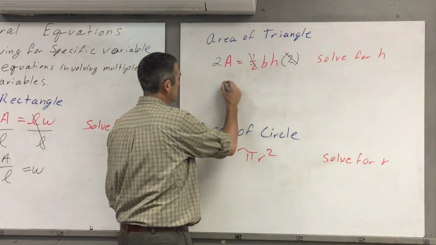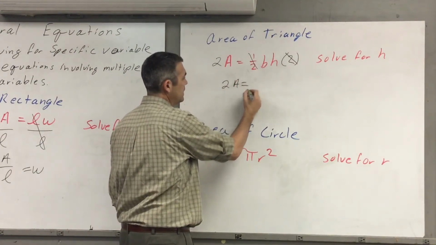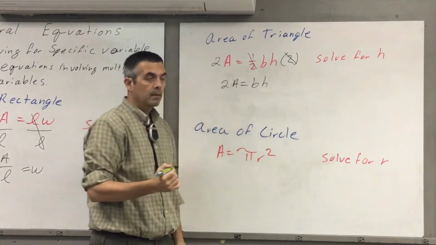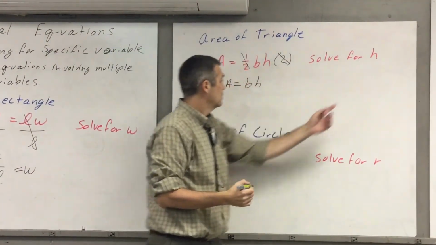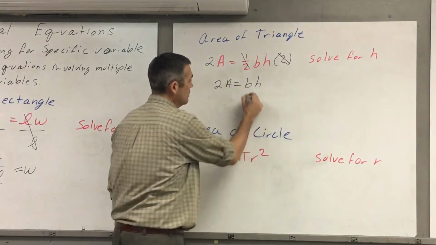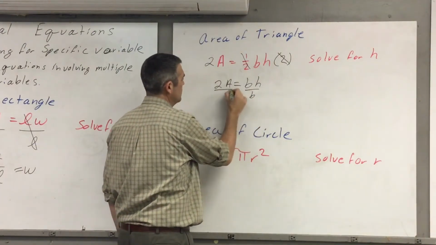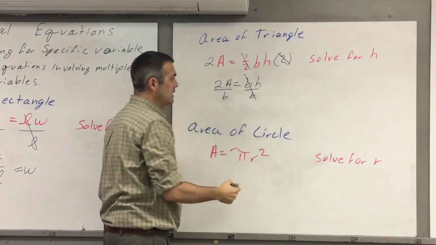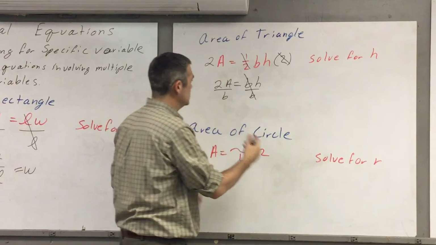That leaves us with 2A equals base times height. If we're solving for H, with base times height, we divide by the B. That'll clear that out. Divide by base, divide here, cancels that out, and now you have your equation.